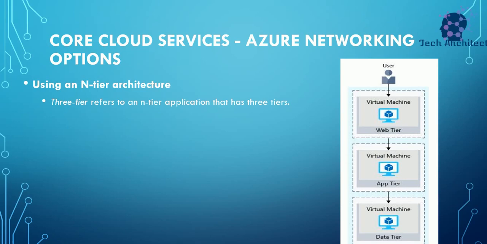The n-tier architecture divides an application into two or more logical tiers. Using a tiered architecture also simplifies maintenance, since tiers can be updated or replaced independently. The three-tier architecture refers to an n-tier application that has three tiers.